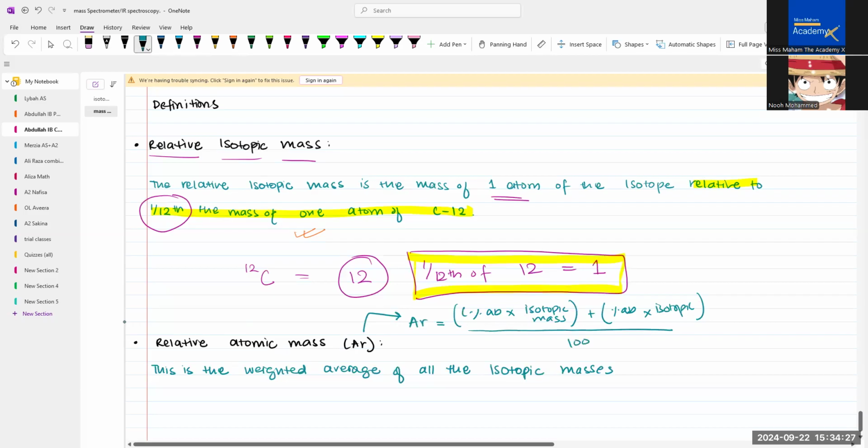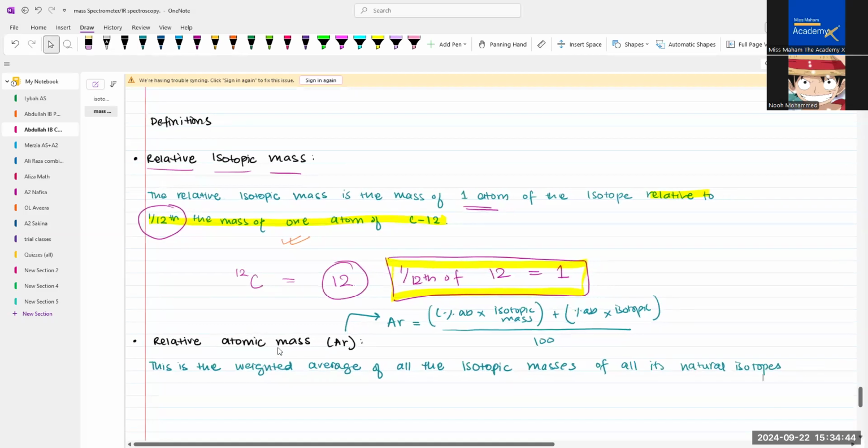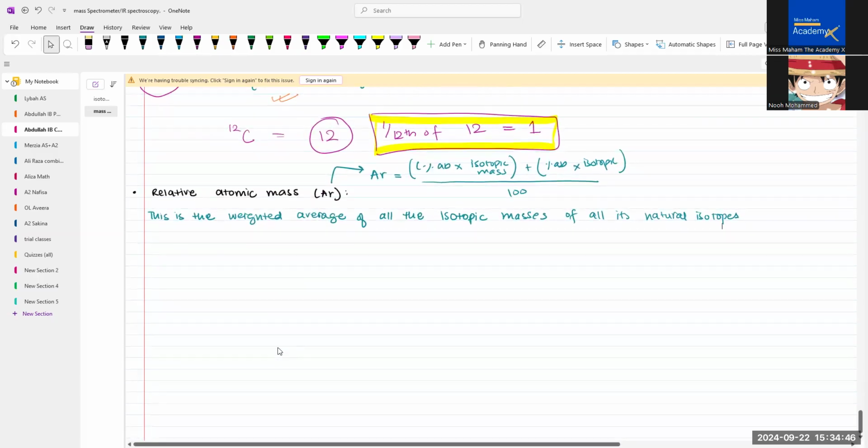So it's basically the weighted average of all the isotopic masses of all its natural isotopes, again relative to 1/12 the mass of one atom of carbon 12.